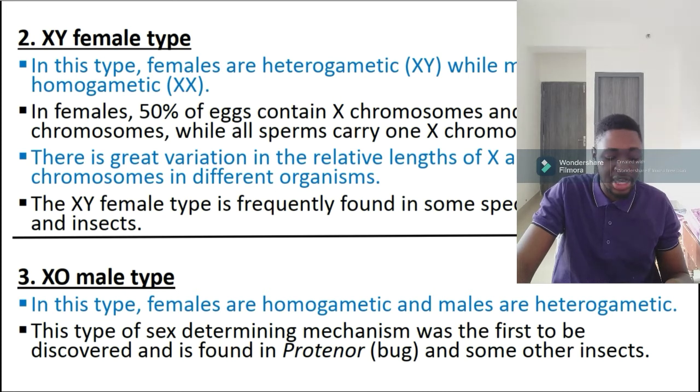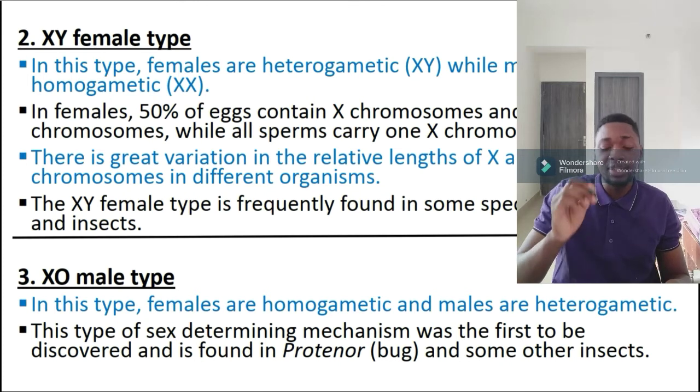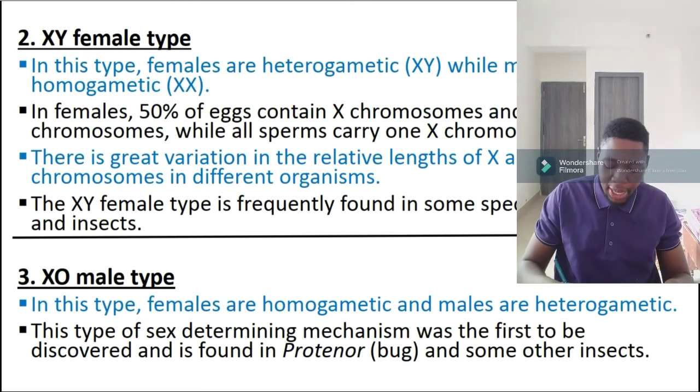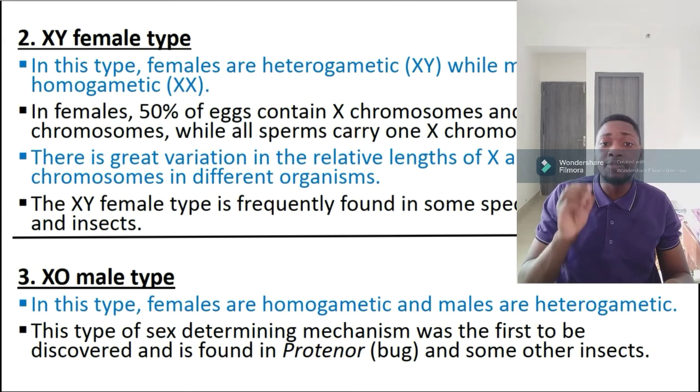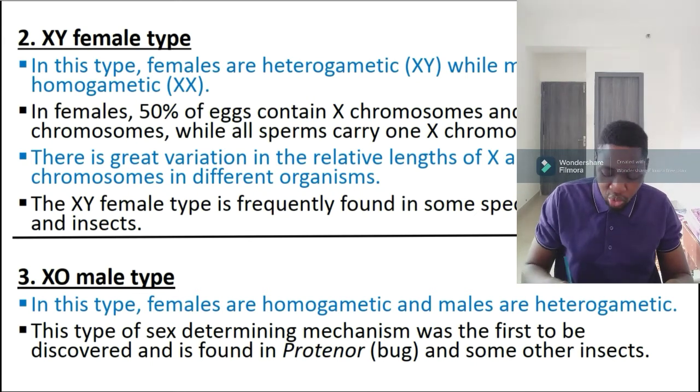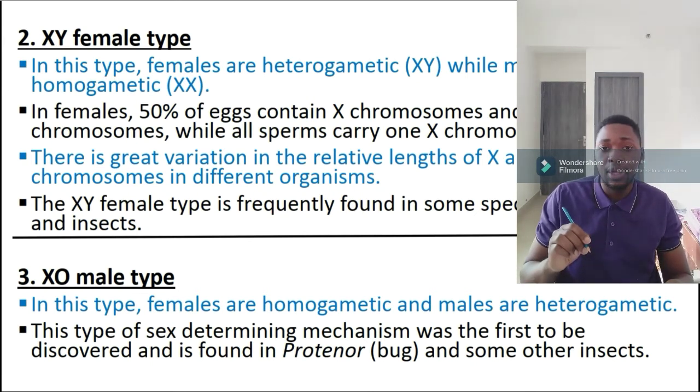Let's move on to the next type. We've got the XY female type. The XY male type we were talking about is found in humans and also in some other mammals. The XY is found in humans and other mammals.